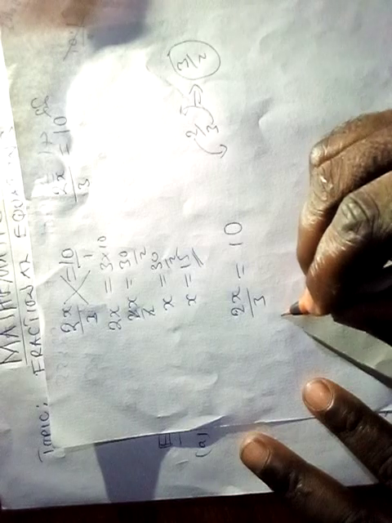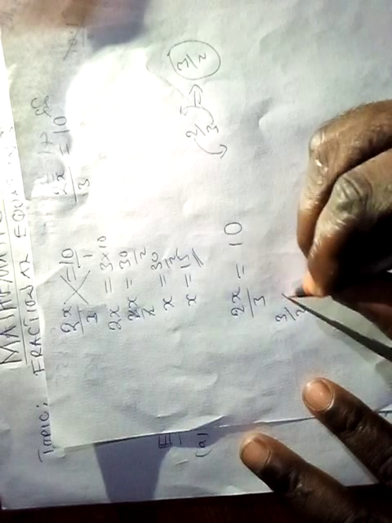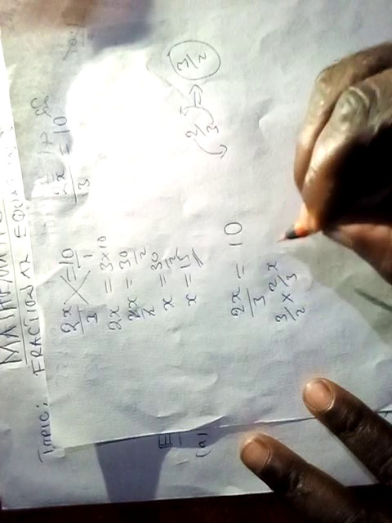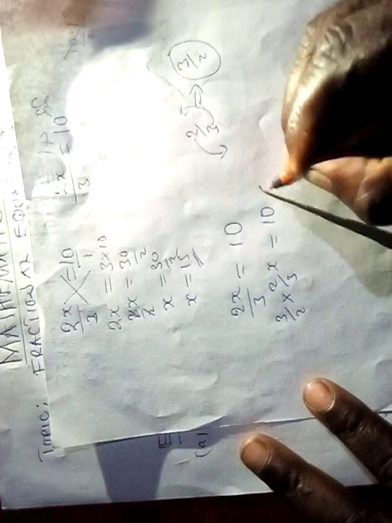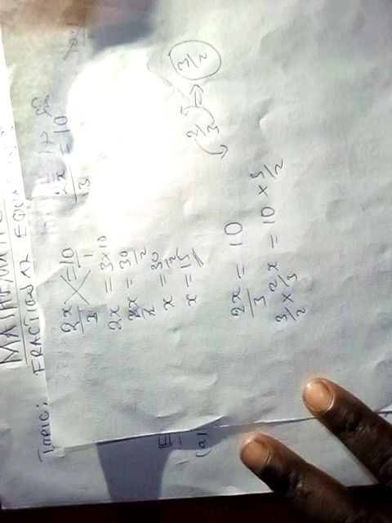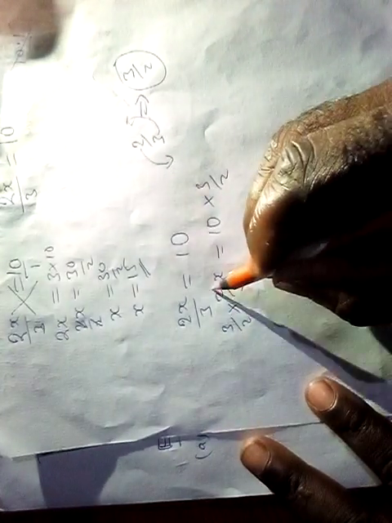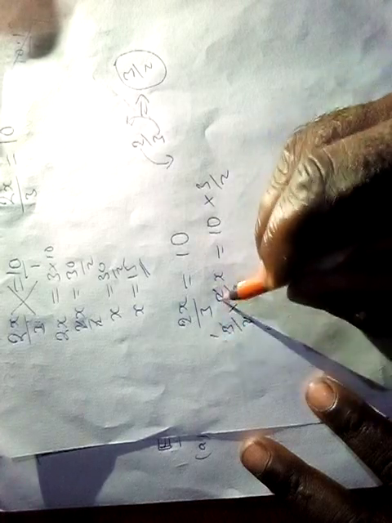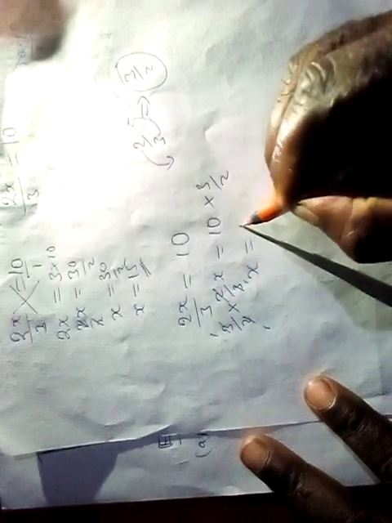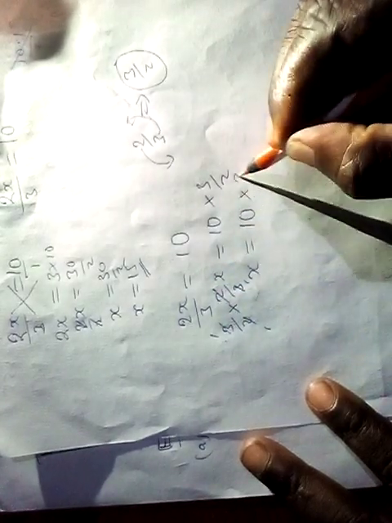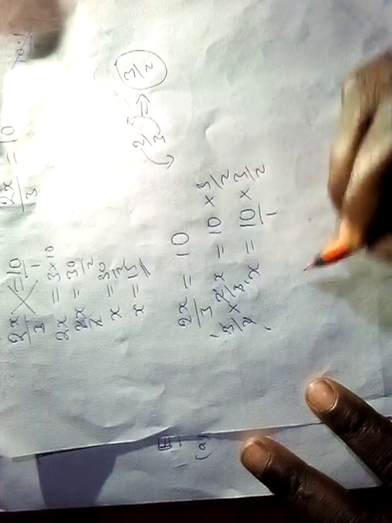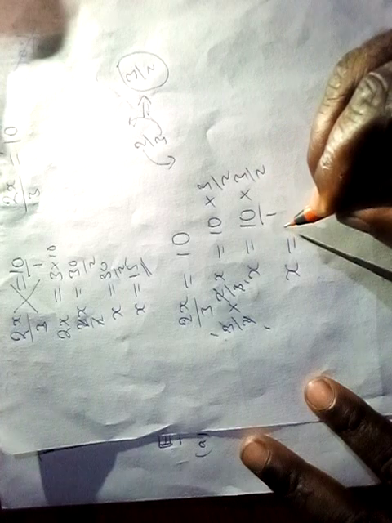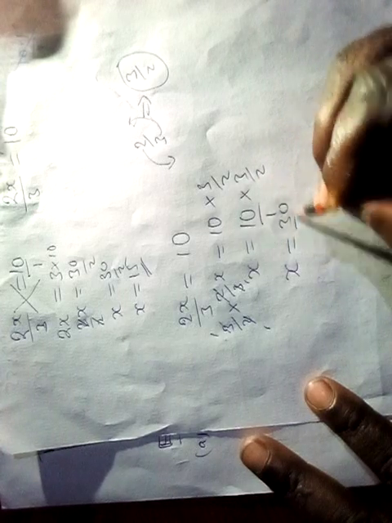So this is 3 over 2 times 2x over 3 is equal to 10 times 3 over 2. Here 2 into 2 is 1, 3 into 3 is 1, so 1 times 1, that is x, is equal to 10 times 3 over 2, which is 30 over 2.